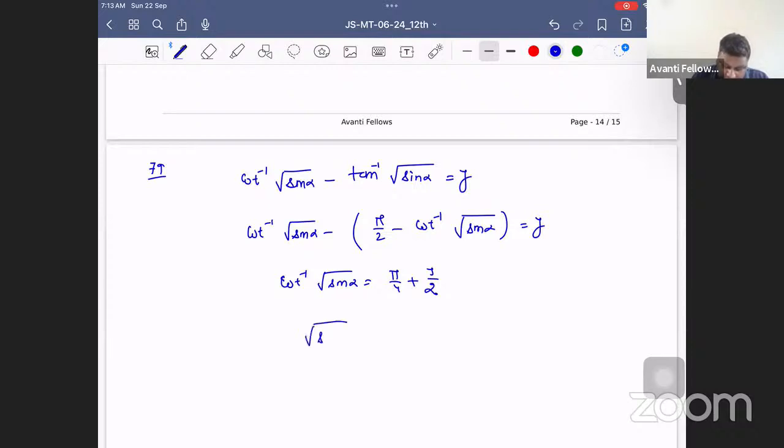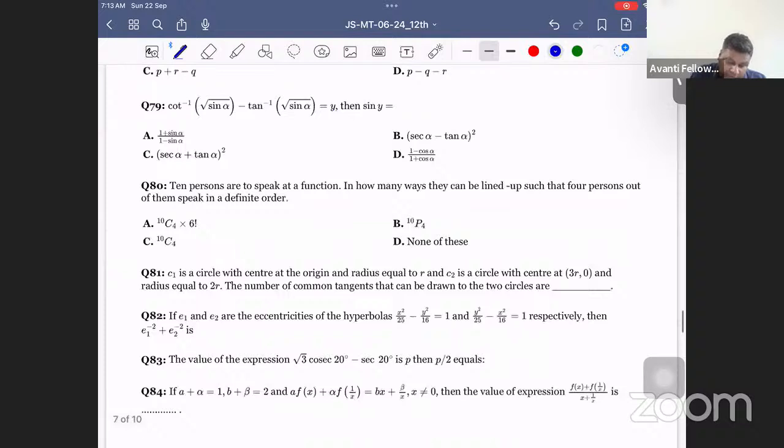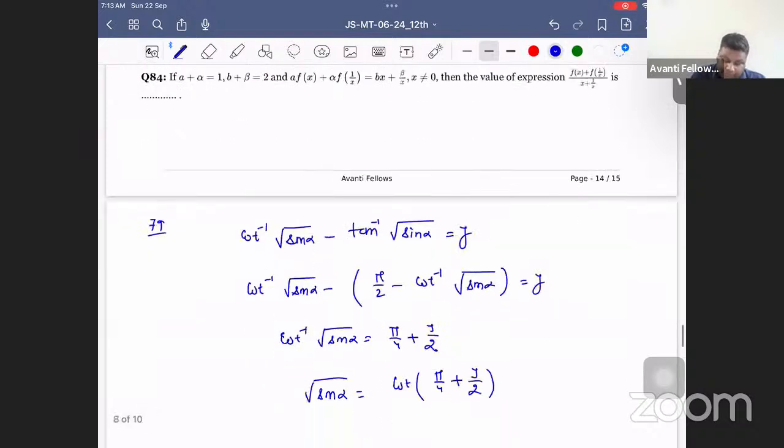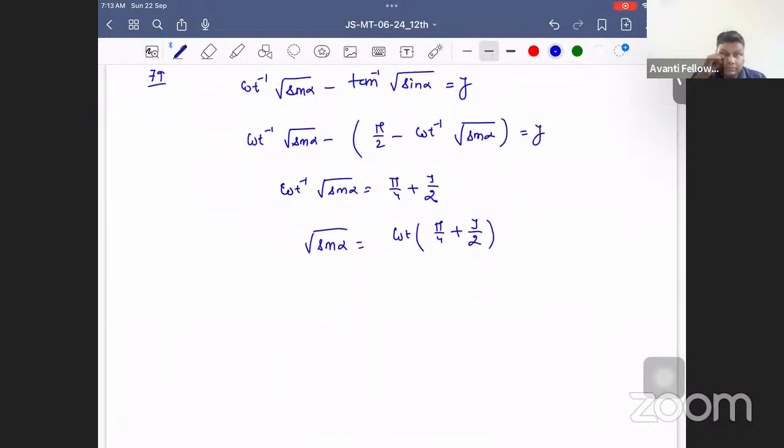So root of sine alpha became cot of pi by 4 plus y by 2. They are asking you the value of sine y. So this is equal to 1 plus tan y by 2 in the numerator, 1 minus tan y by 2, and this is root sine alpha.